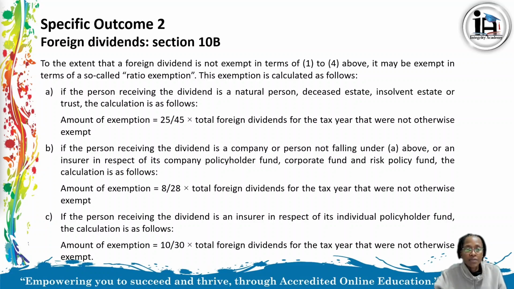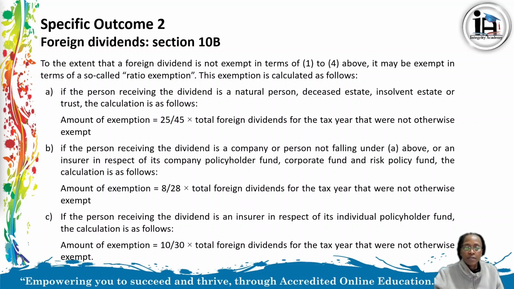B. If the person receiving the dividend is a company or person not falling under A above, or an insurer in respect of its company policy fund, corporate fund, and risk policy fund, the amount of exemption is 8 divided by 28 times total foreign dividends for the tax year that were not otherwise exempt.